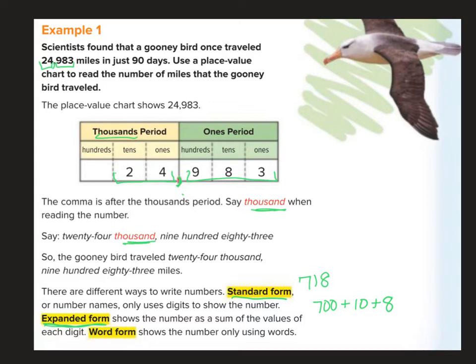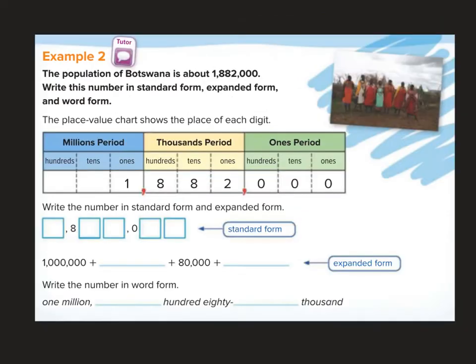That 7 is worth 700, that 1 is worth 10, and the 8 is worth 8. I expand it out. Now word form would be using only words, so I just wrote out 718. You didn't have to watch me write it.